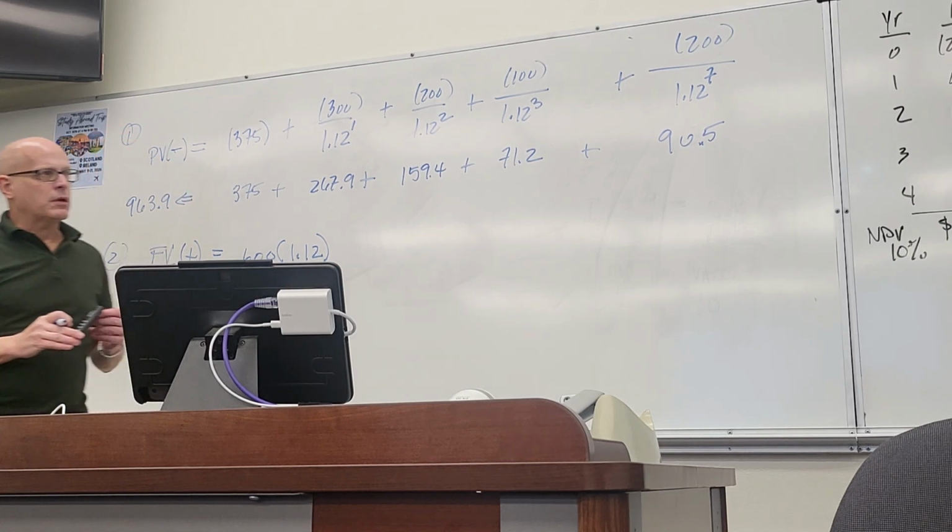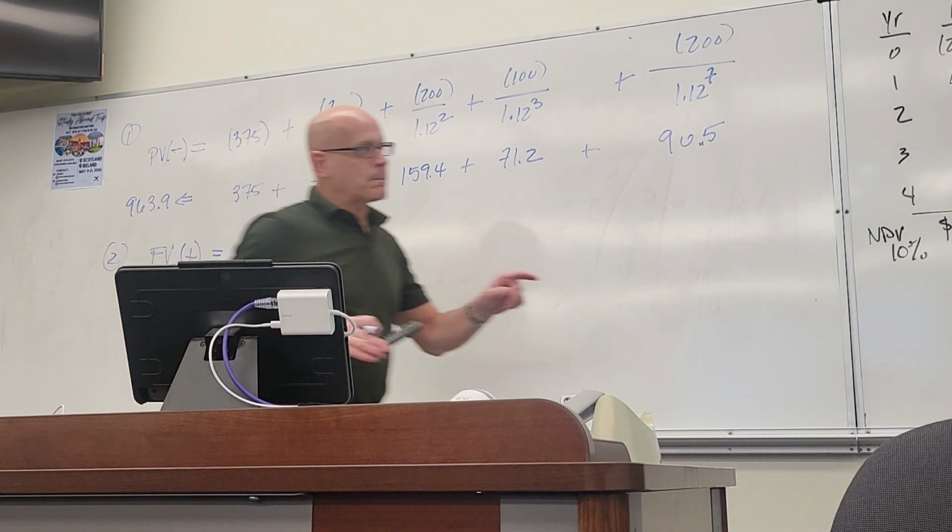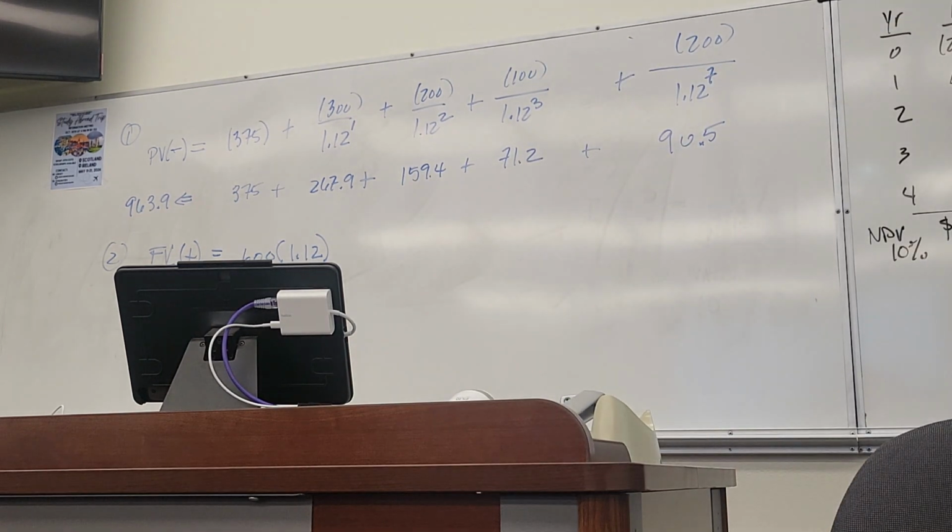What's the exponent going to be for that one? It's going to be 3, right? So be careful with this. A lot of people will say the exponent should be 4 because it's in year 4, but that's not true. We're going from year 4 to 5, 6, 7. We're going 3 years into the future. So the exponent is going to be 3.